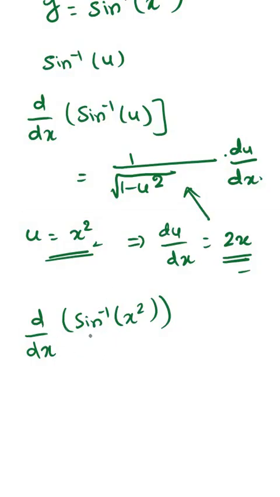Here d by dx of sin inverse u, substituting x square, we will get 1 divided by square root of 1 minus x square the whole square, into 2x.